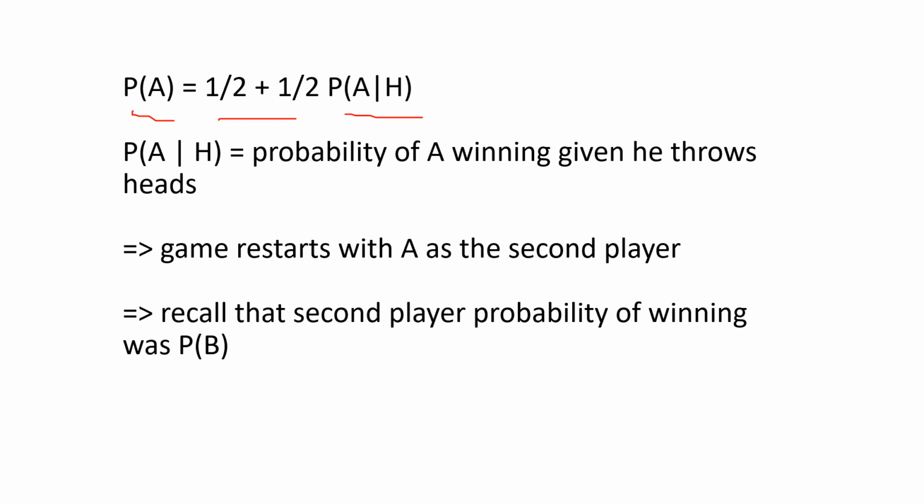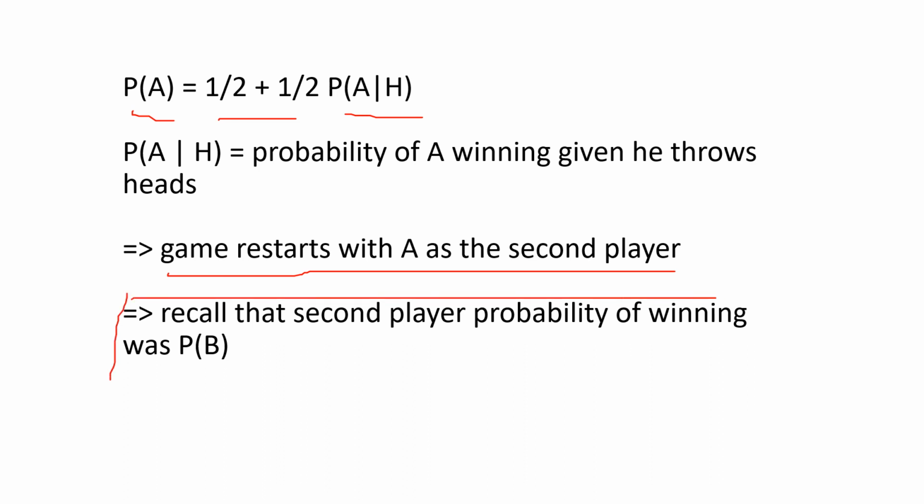Now when A tosses heads, we have just seen the game restarts with A as the second player. That is, B tosses and then A tosses back again. And we have also seen that the second player's probability of winning was PB.